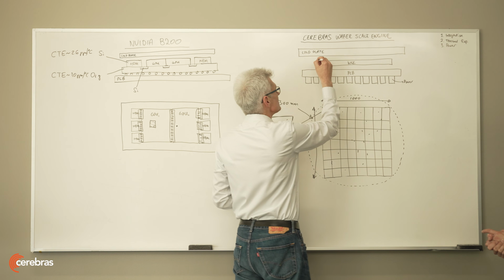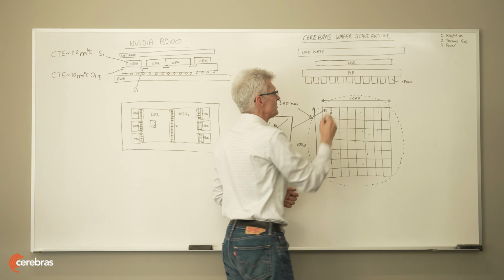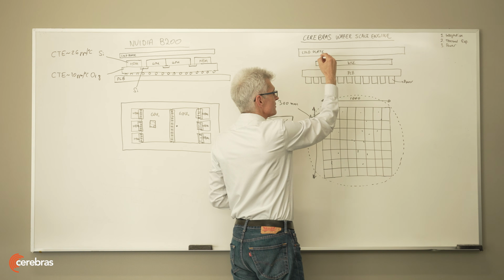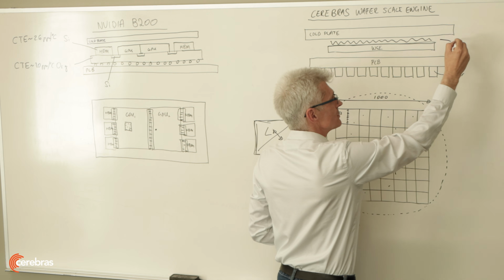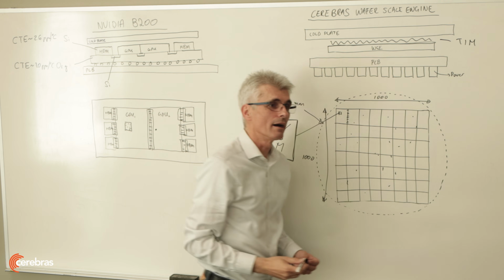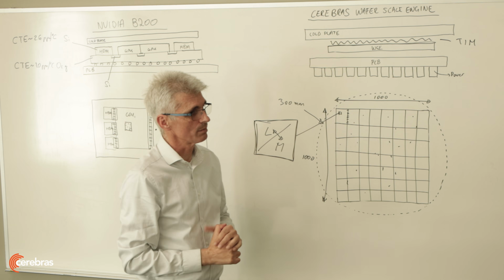It's a single piece of silicon that's made very, very flat, which can easily be mated with a cold plate that's also very flat. And you can use a uniform thermal interface material that allows thermal connectivity between the wafer and the cold plate.